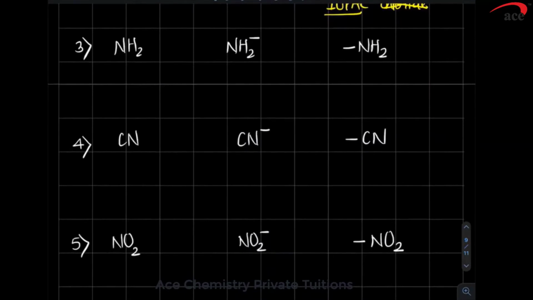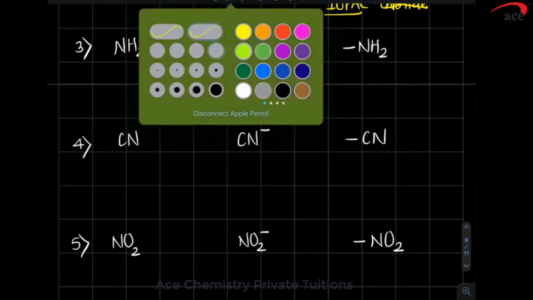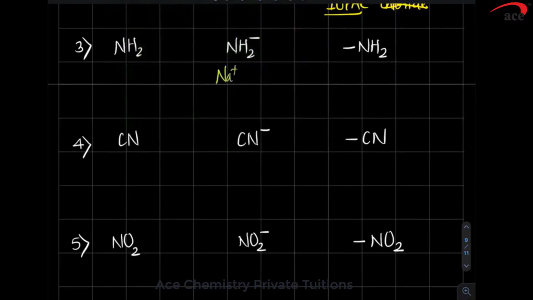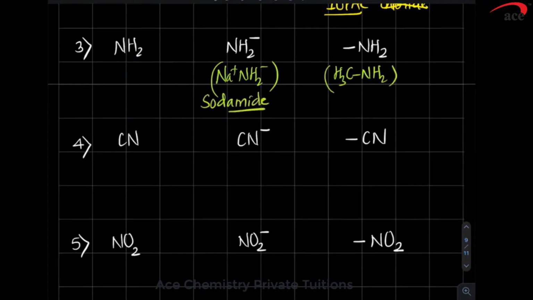Now, are OH and Cl the only such groups? No, there are more groups too. Surprising. Yes, NH2 can be ionic, like in this case, Na plus NH2 minus. Can NH2 be covalent? Yes, in this case. Do you know the name of the first one? It gets the name sodamide. And this one is methylamine.